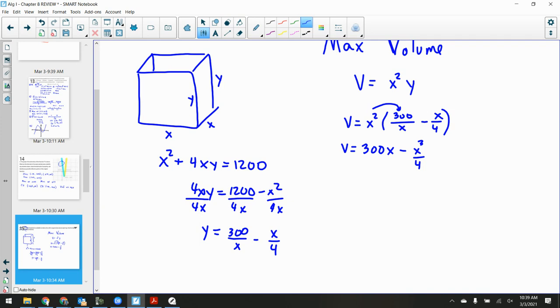So now I've got my function. I want to find the biggest volume, so find the derivative. V prime is going to be 300 minus, now isn't this really equivalent to 300x minus 1/4 x to the third? Didn't I just say that we could write 0.25 if we really wanted to? So I'm going to bring it down and multiply, so really 3 times 1/4 is 3/4 x to the second.